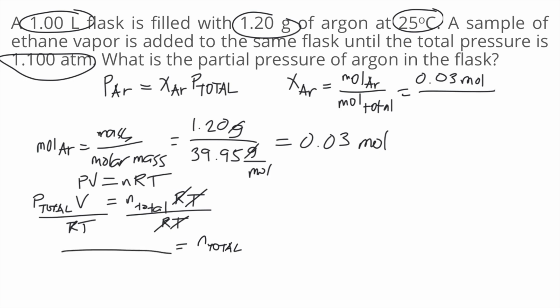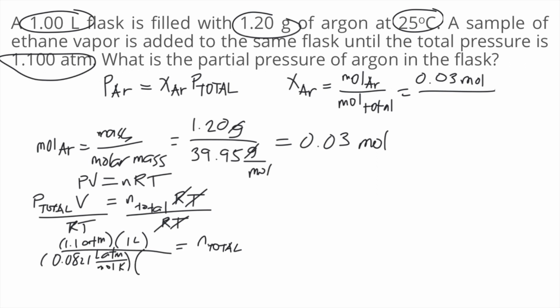So we have our P total, which is 1.100 atm, or 1.1 atm, times the volume, which is 1 liter, divided by R. R is not given in the problem, but you should memorize the value of R. R is 0.0821 liter atmosphere per mole Kelvin.